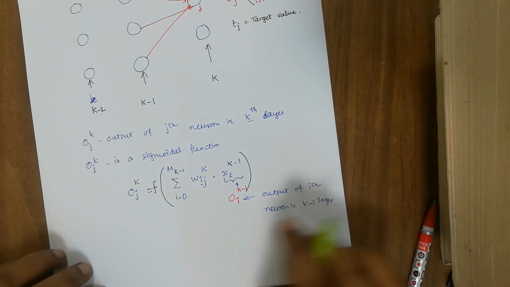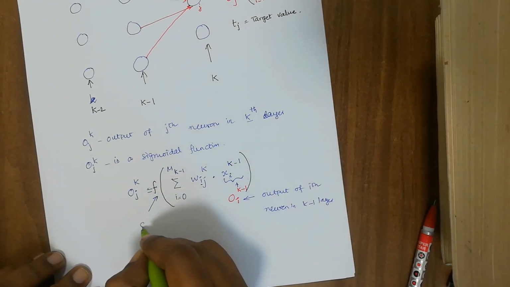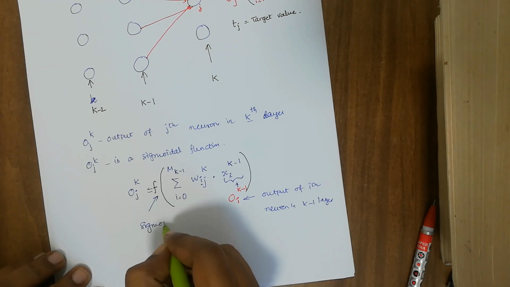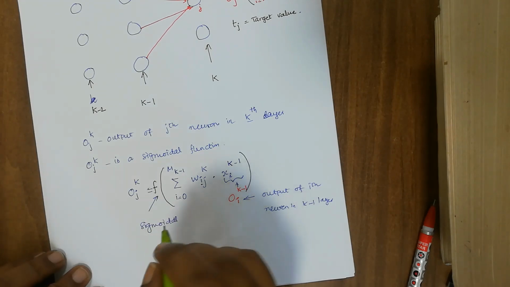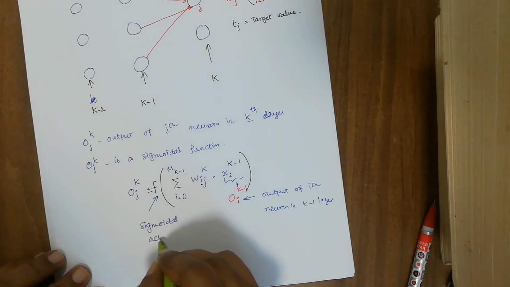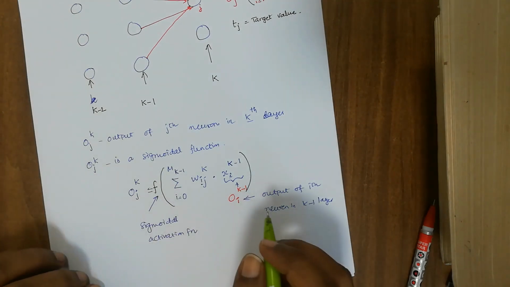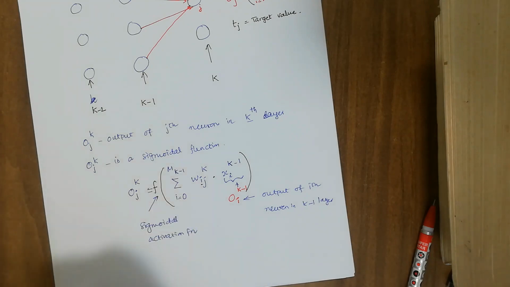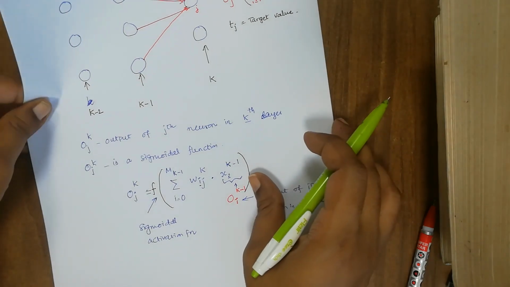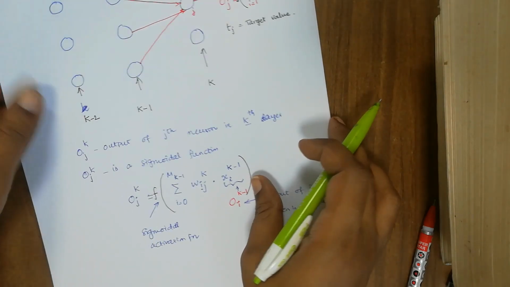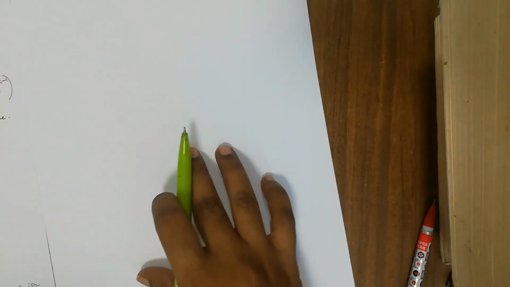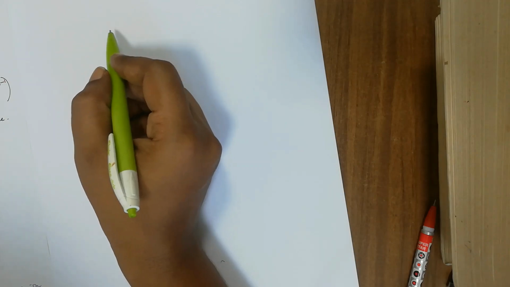If we take a sigmoidal, for example, if we take this nonlinear function as sigmoidal as an activation function, so we will also call this an activation function, then we can write this ojk as, recall that sigmoidal will take the form 1 divided by 1 plus e to the power minus sigma.